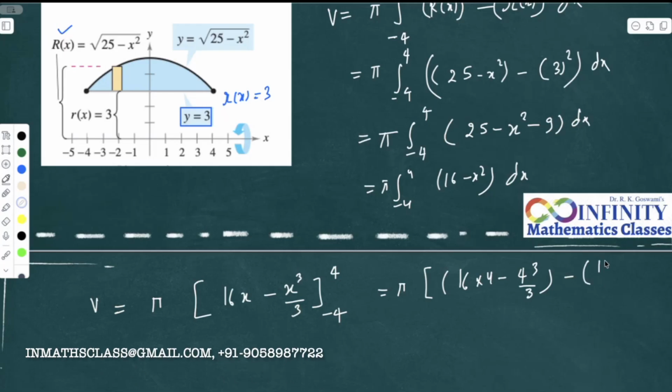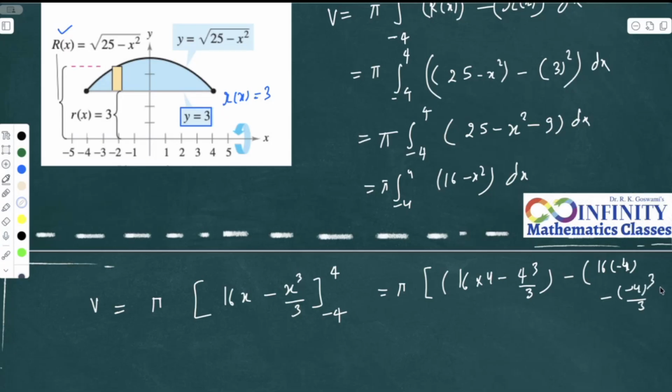Lower limit is 16 into minus 4 minus negative 4 cube by 3. When you simplify this calculation, I'm expecting to have 256 divided by 3 pi. Okay, it is a simple calculation for you. Any doubt there?